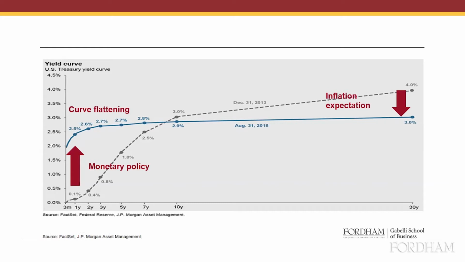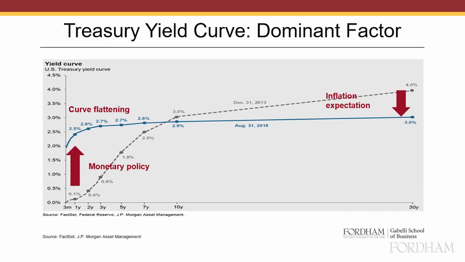This is where it's important to know the dominant risk, the dominant factor at these two parts of the yield curve. The front end is dominated by monetary policy. They move according to where the Fed funds rate is moving towards.